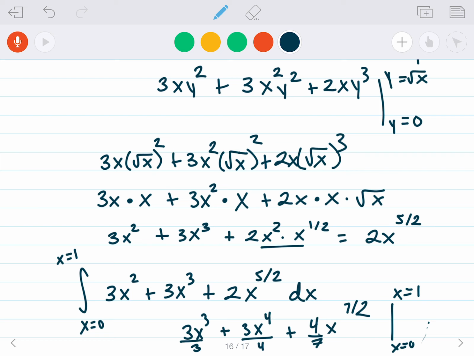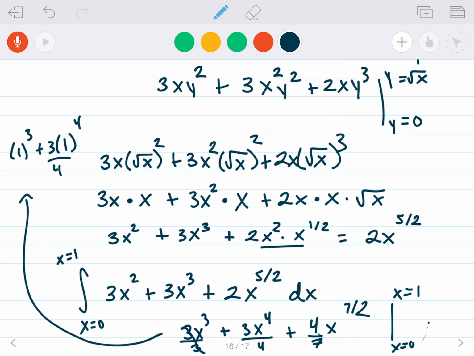So it looks like that clears to 1 for x cubed. Okay, so I'm going to have to write this up here because I'm out of room. So I have 1 cubed plus 3 times 1 to the 4 over 4 plus 4 over 7 times 1 to the 7/2.